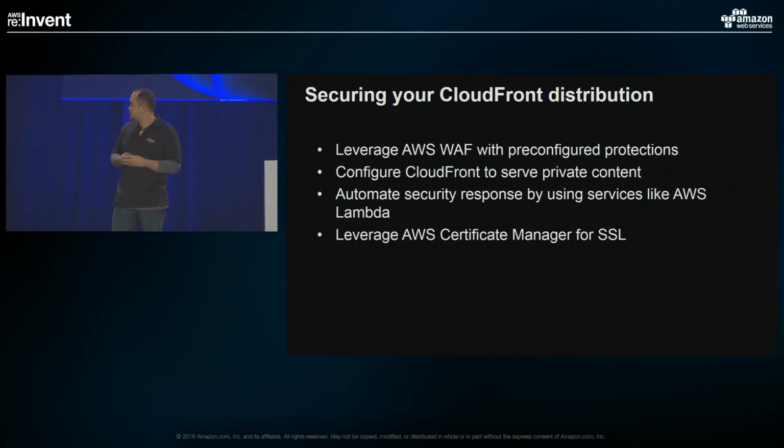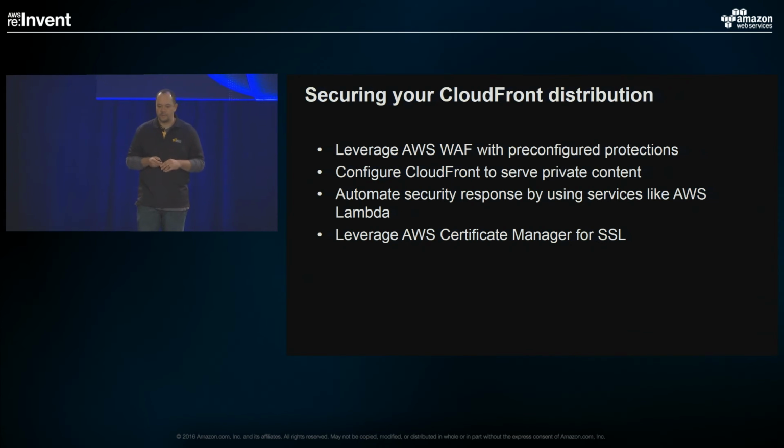The first is leveraging AWS WAF with preconfigured protections. Preconfigured protections is a solution that we developed to help you get started with WAF. We'll talk about the architecture of the solution and dive a little deeper into some of the rules that are part of it.